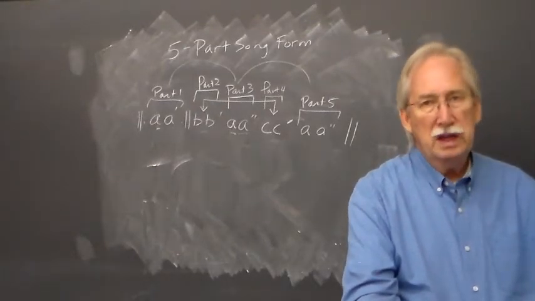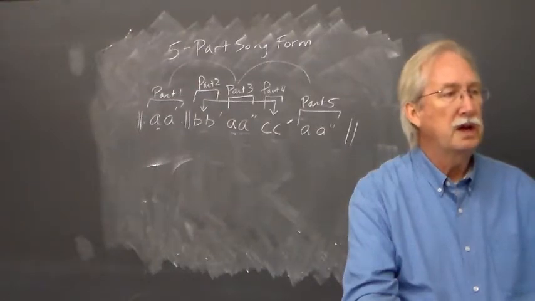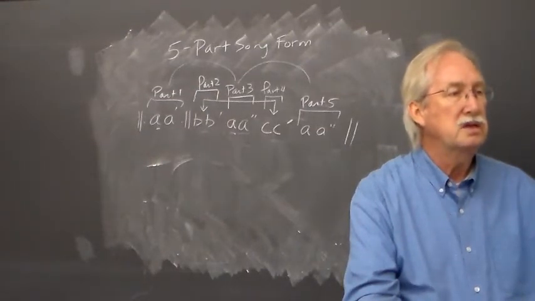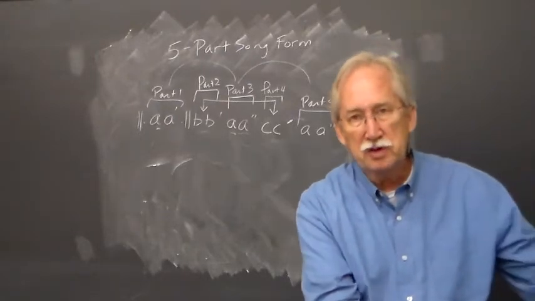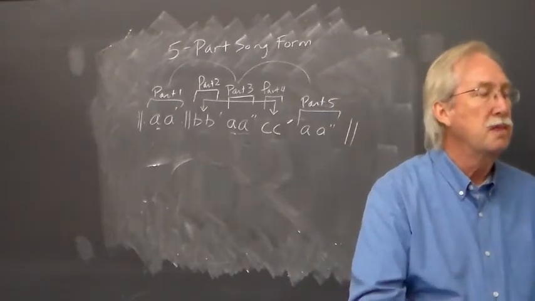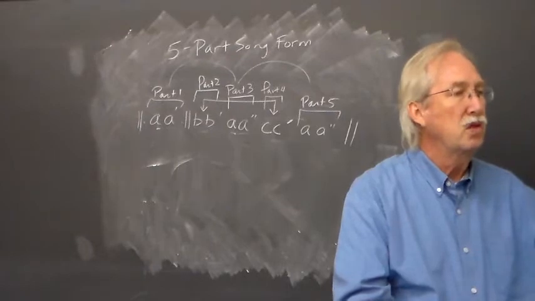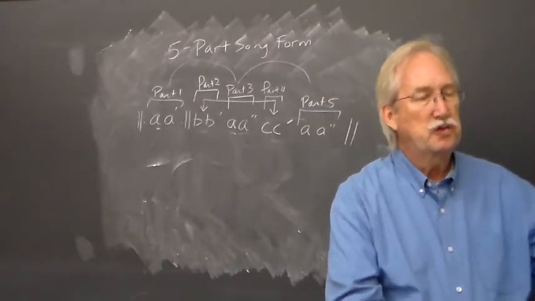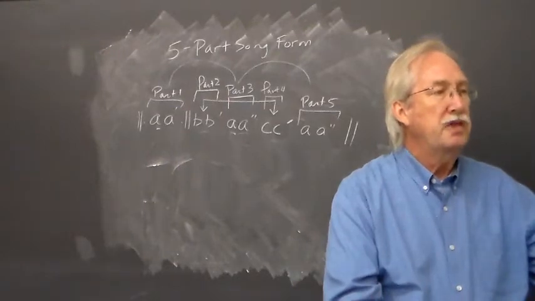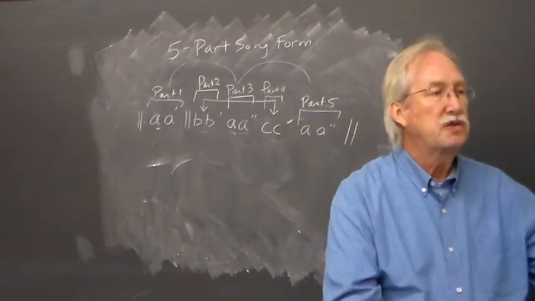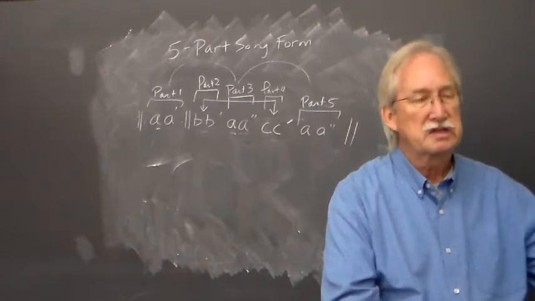So one point that I want to make here, just a hint, is that at the end of the first phrase, in the measure that's marked scherzando in measure 4, you see that that is sequenced in measure 5 and in measure 6.